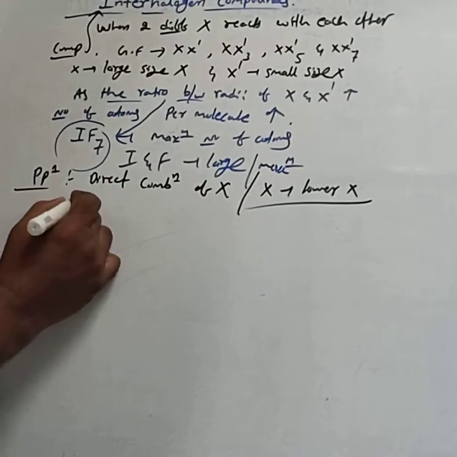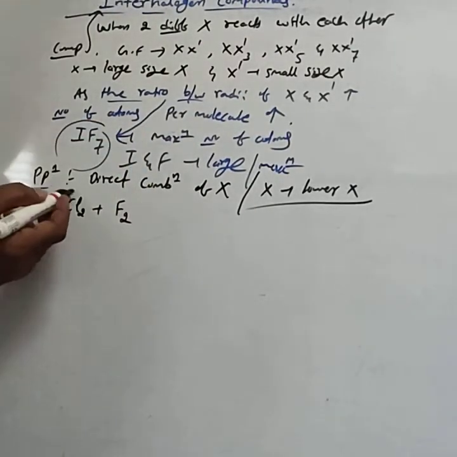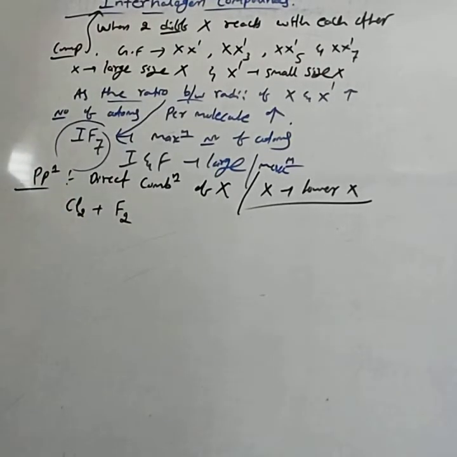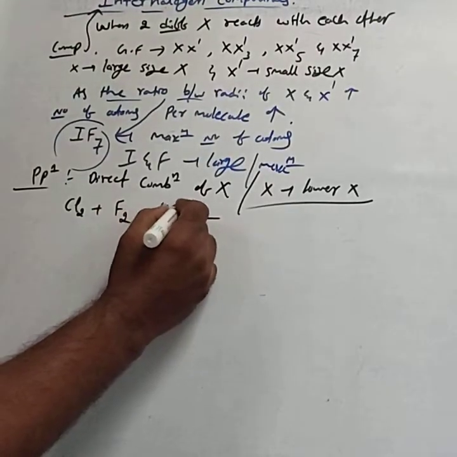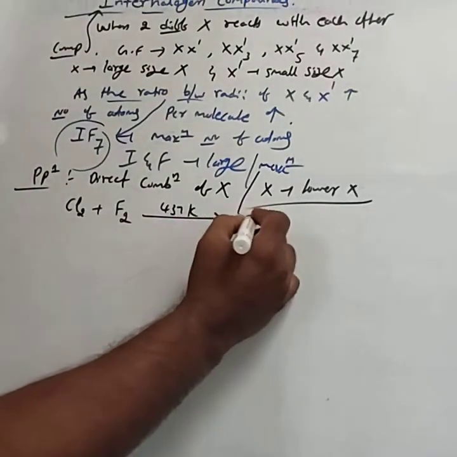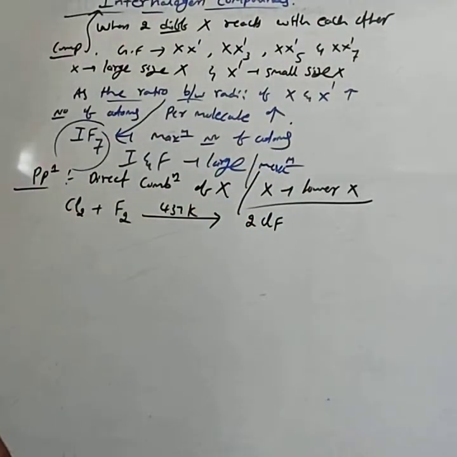For example, Cl2 plus F2, at 437 Kelvin, gives 2ClF. This is used for completing the equation.